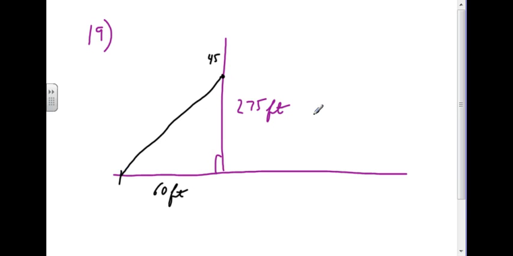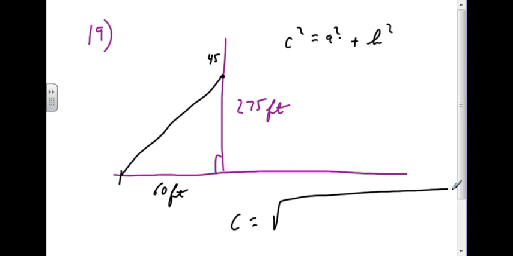Oh, okay. Well, let's see. C squared is equal to A squared plus B squared, right? And I'm trying to find the hypotenuse, which is the C. So C is going to equal square root of, we can agree on 60 squared, and this side here is going to be 275 minus 45, also known as 230 squared.